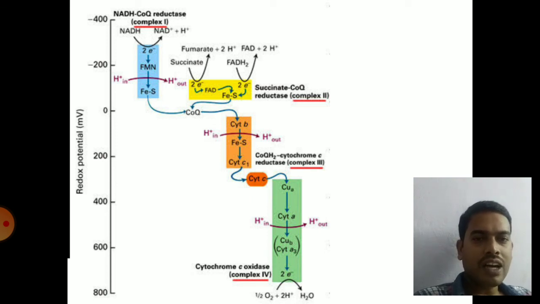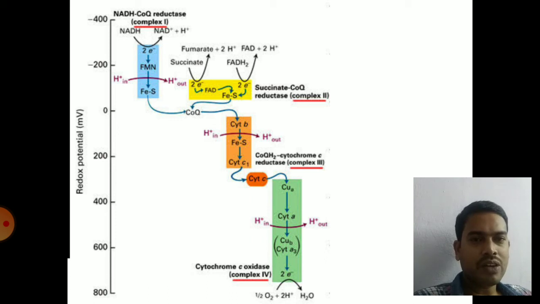Why are the electrons or hydrogen atoms transferred from NADH onto oxygen? This is based on redox potentials. Always, electrons or hydrogen ions are transferred from negative redox potentials to positive redox potentials. Oxygen is the molecule having positive redox potential, and NADH has a more negative redox potential.